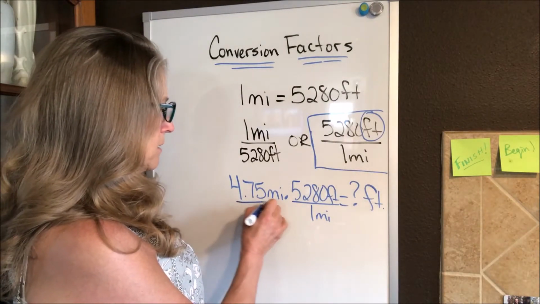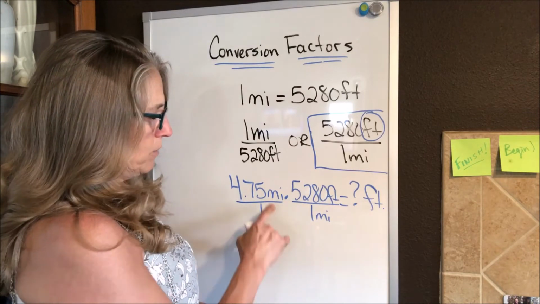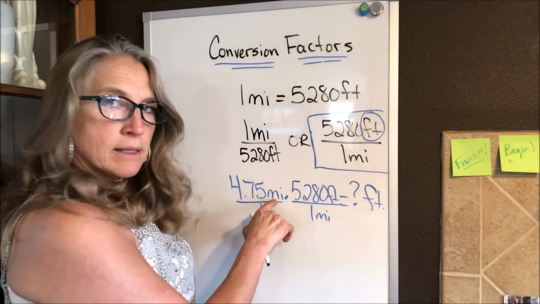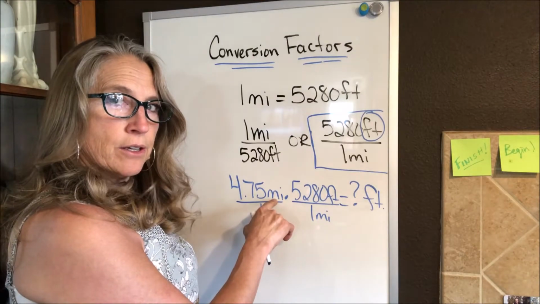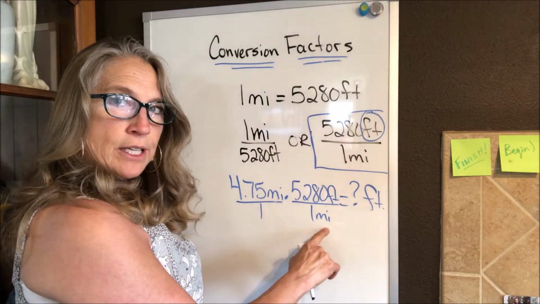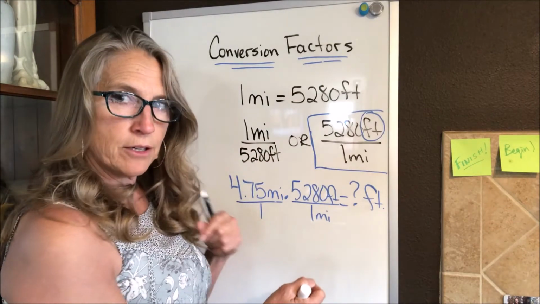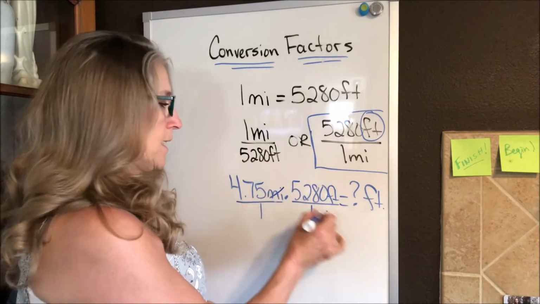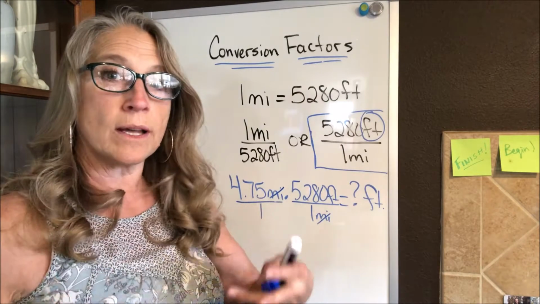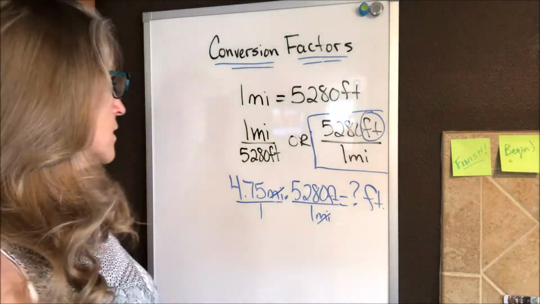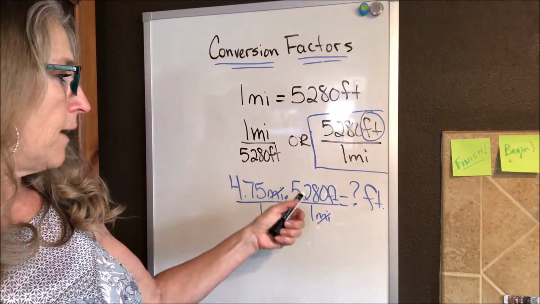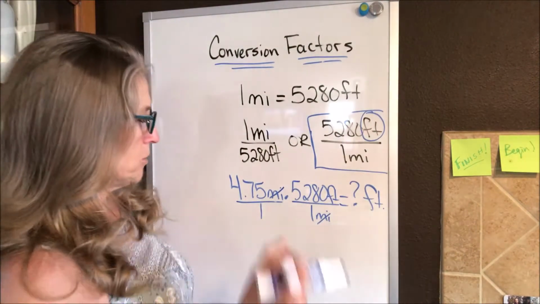So if we think about this, we're going to put this over 1, and we can see that we have miles in our numerator here and miles in our denominator here. If we have the same thing in our numerator and our denominator, then those cancel because that's just like having 1, right?